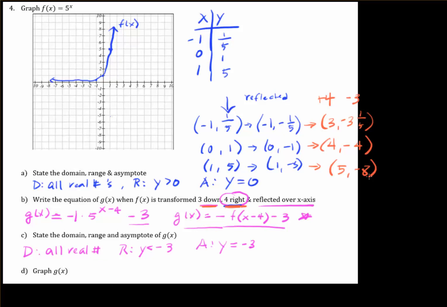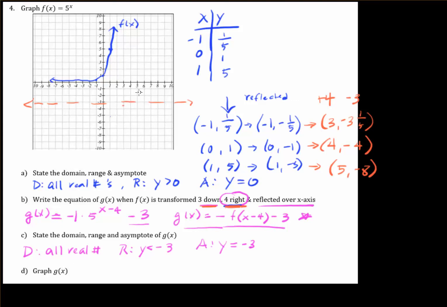Let's go ahead and plot that. First, I'm going to indicate the asymptote. That helps me graph. It's y equals -3. Okay. 3 and -3 and 1/5, that's right here.